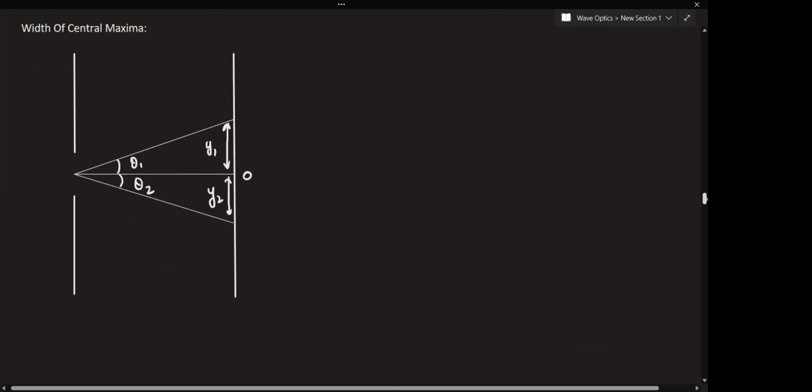Okay, let us calculate the width of the central maximum. The width of central maxima is basically the separation between two consecutive first order minima.